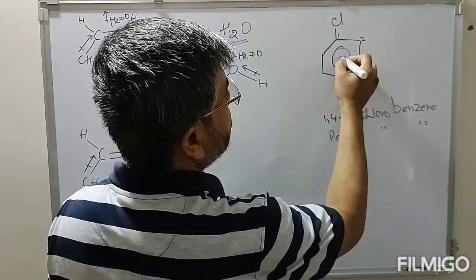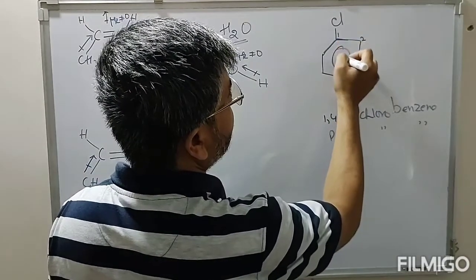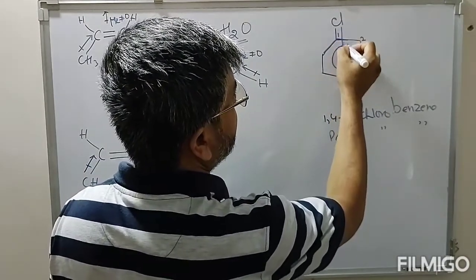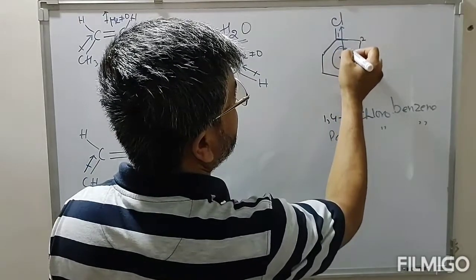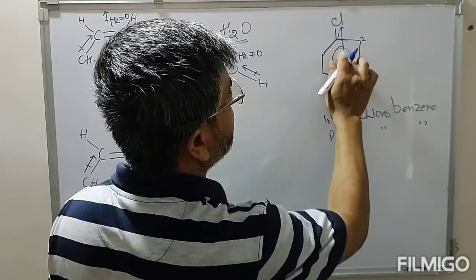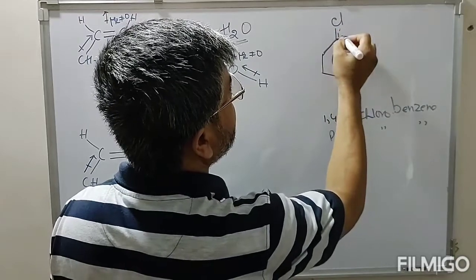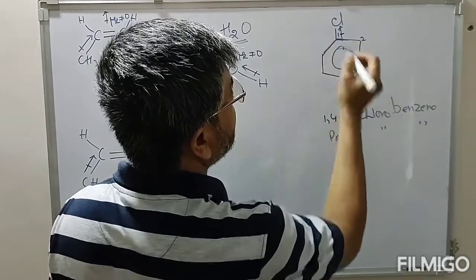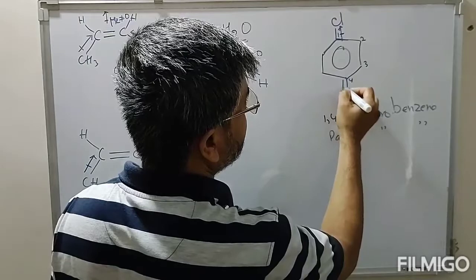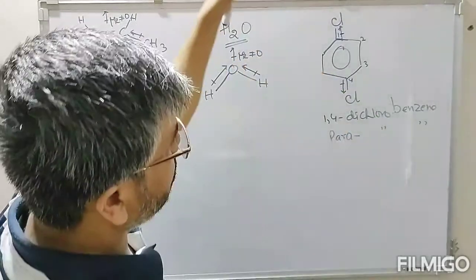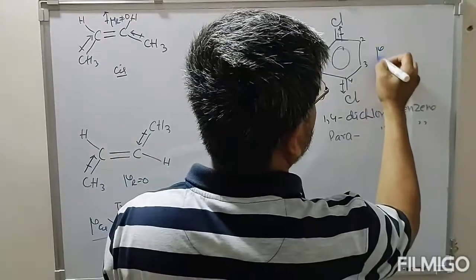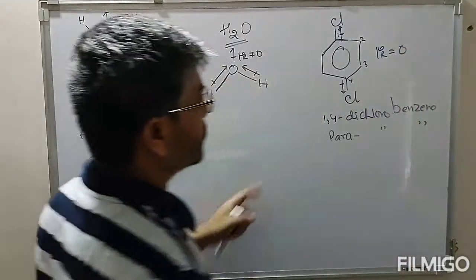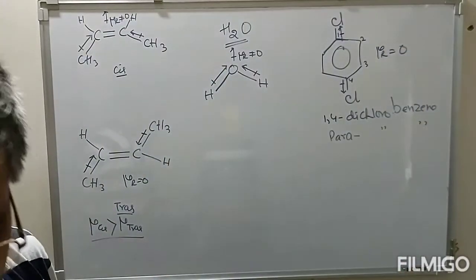So take this to be the center of the molecule. So we have this, or we can say simply this is carbon Cl because Cl is more electronegative than carbon. So both the dipoles are in opposite direction. So this resultant will be 0. So this is a non-polar molecule.